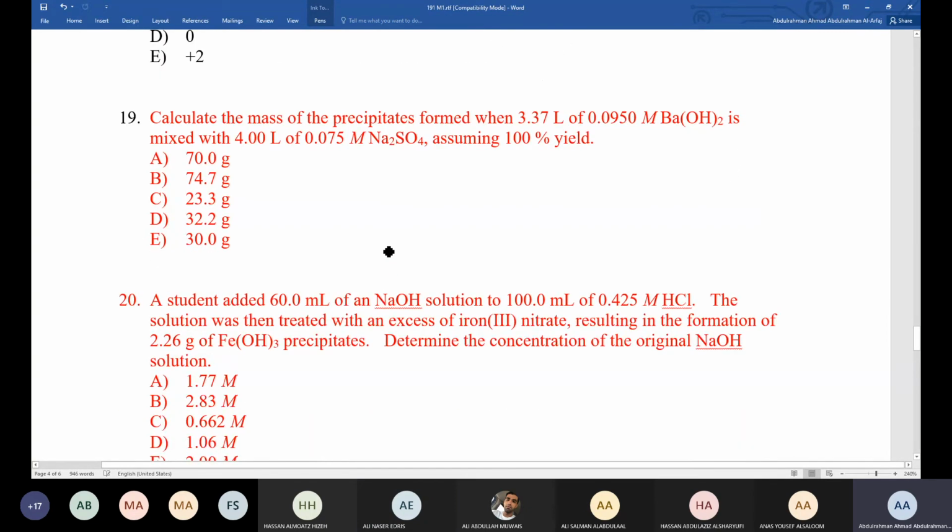Calculate the mass of the precipitate formed when 2.37 liter of this Ba(OH)2 is treated with Na2SO4. What will be the product? This will be aqueous. This is aqueous. And then what's the product?